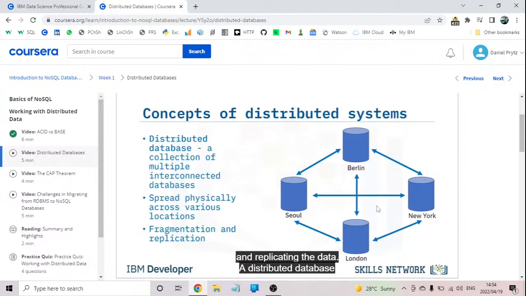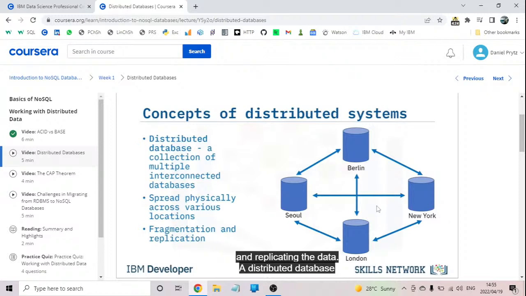Describe the concepts of distributed systems. So first of all, let's draw our distributed system here, and here, and here, and here. Seoul. Okay, so we have Seoul. We have New York. And we have Berlin.